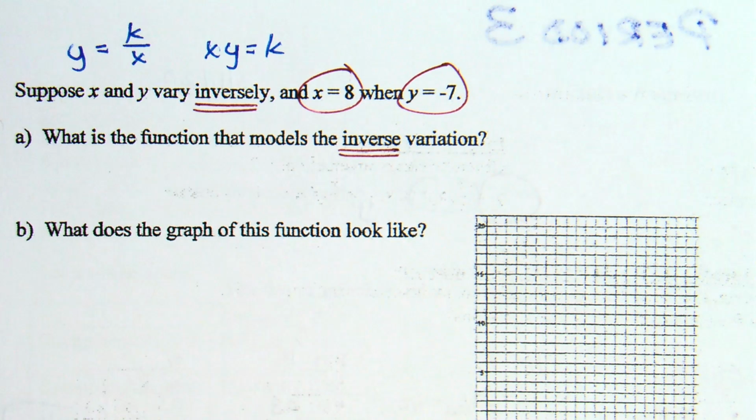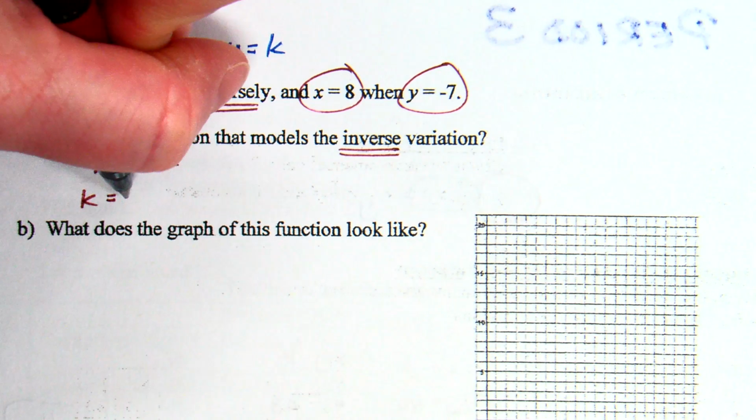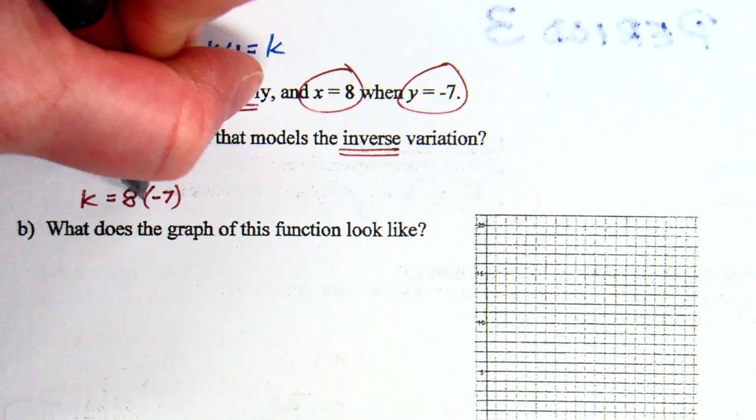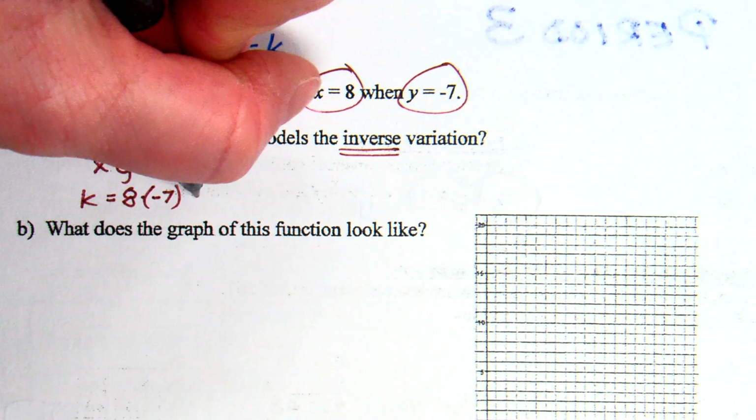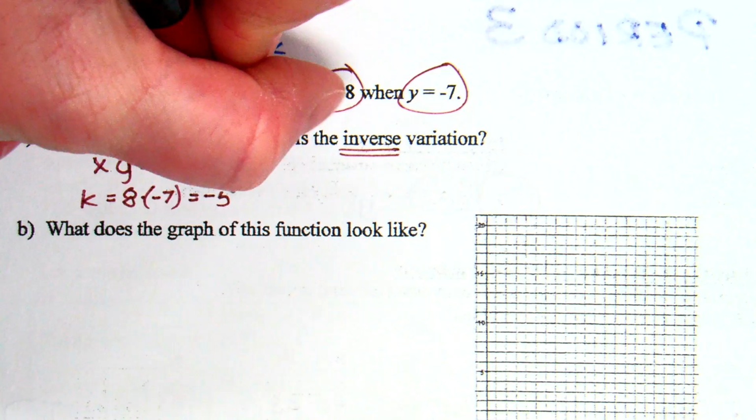Right there, it says xy equals k. So we're going to do 8 times negative 7. And so what do we know? k is negative 56.